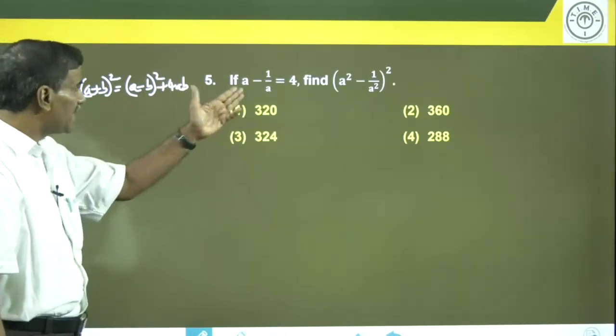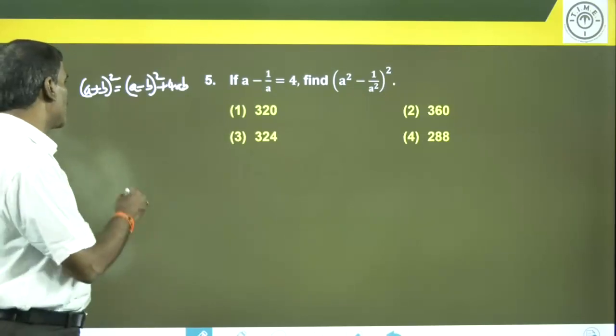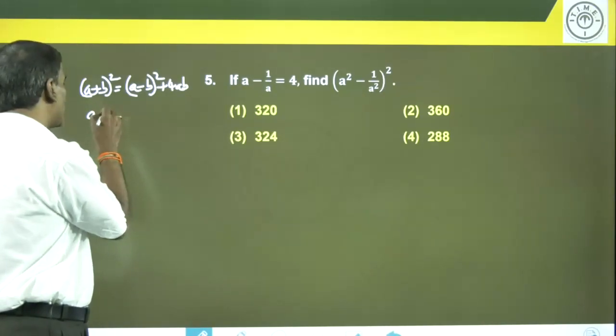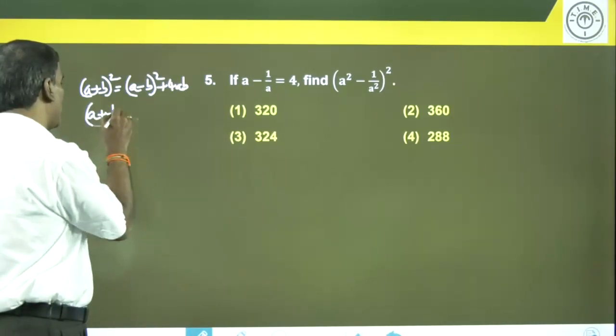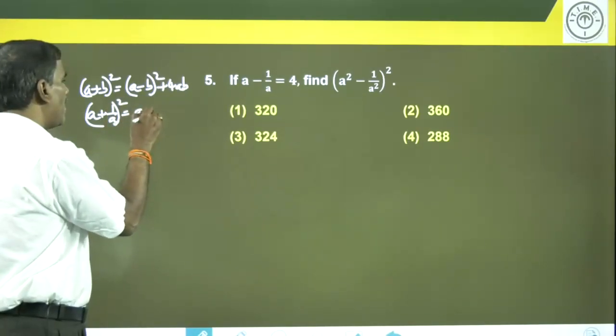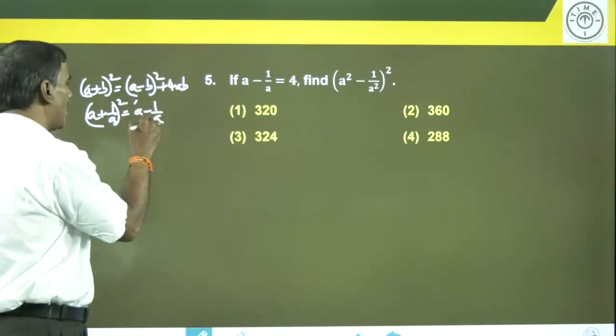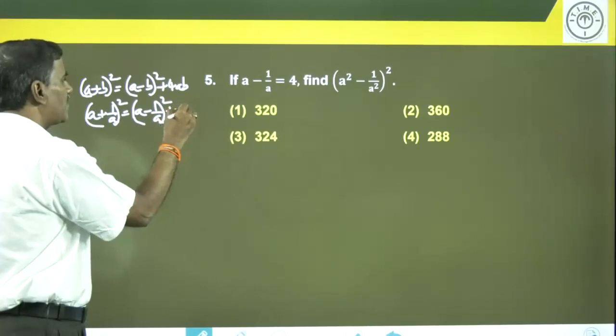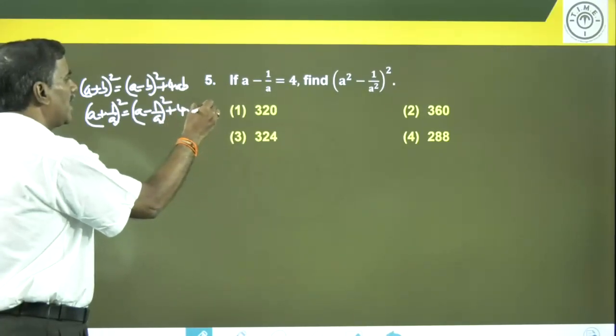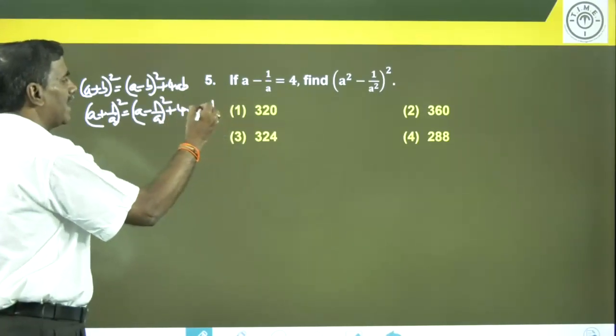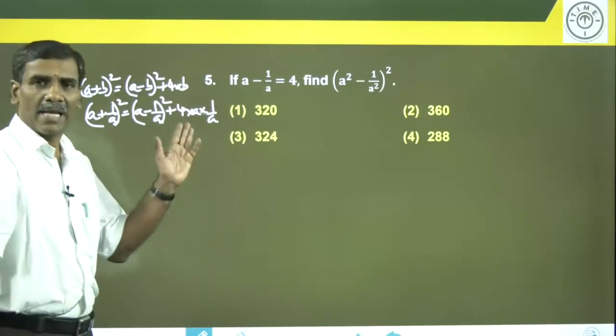Instead of b, in this particular case, we are having 1 by a. So what I can say is a plus 1 by a whole square will be equal to a minus 1 by a whole square plus 4 into a into, in place of b we are having there 1 by a. So in other words, a cancels.